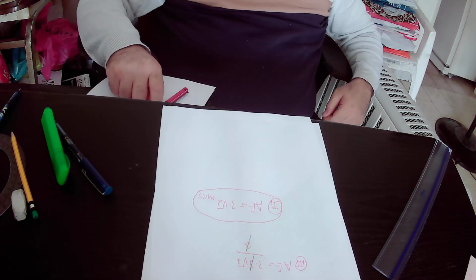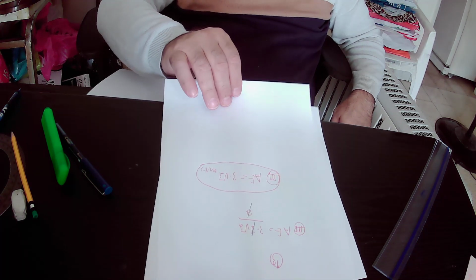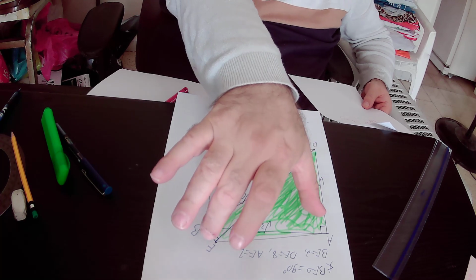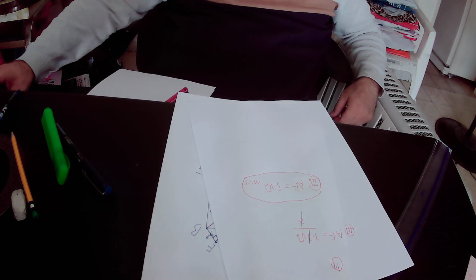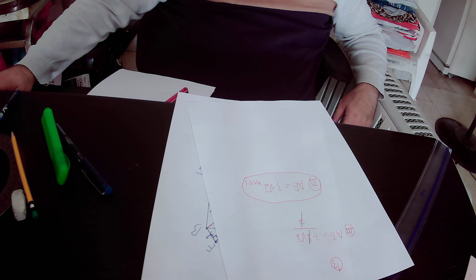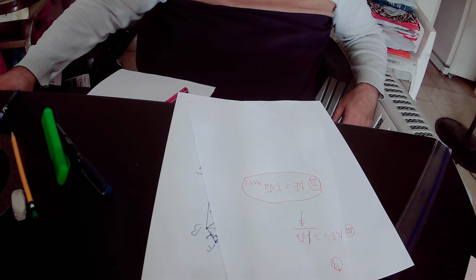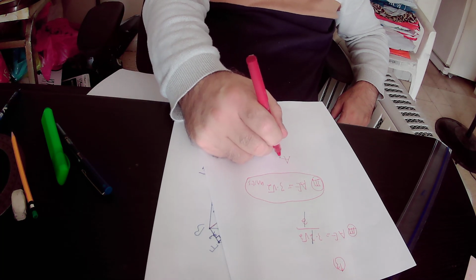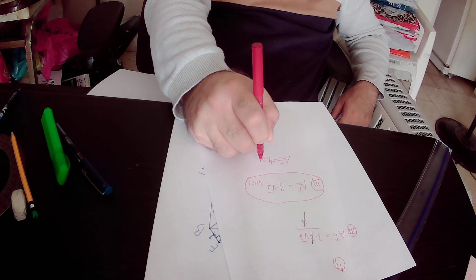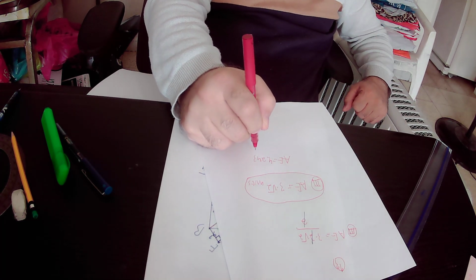Okay, so the answer to the question is that line segment AE equals 3 times square root of 2 units, or in terms of numbers, line segment AE will be equal to 4.243 units.